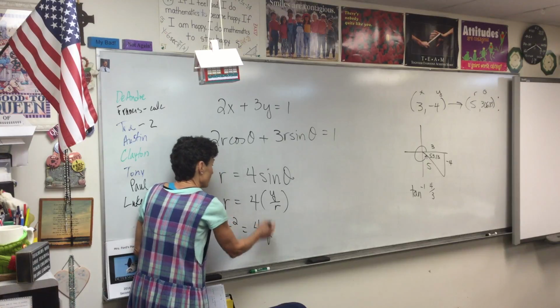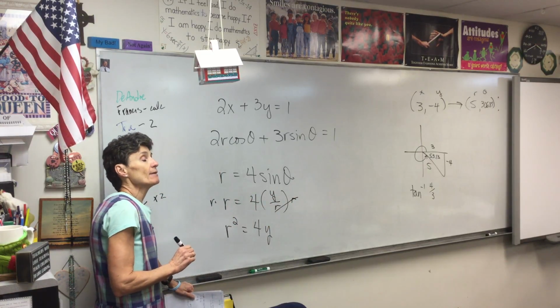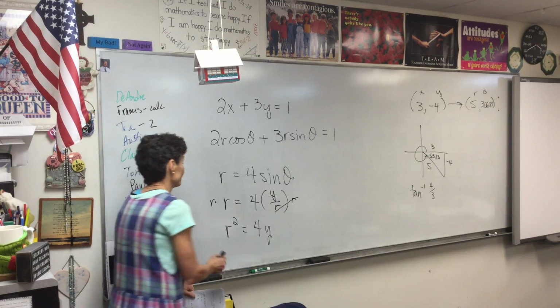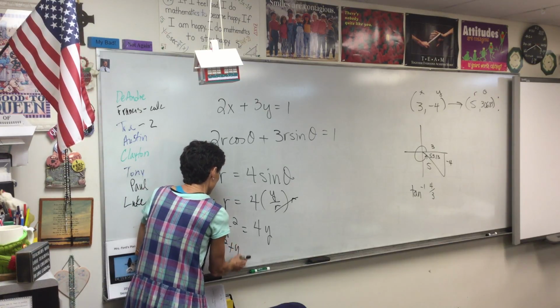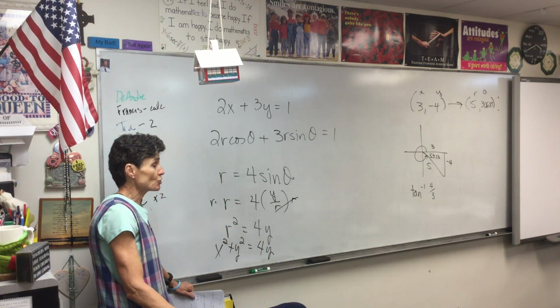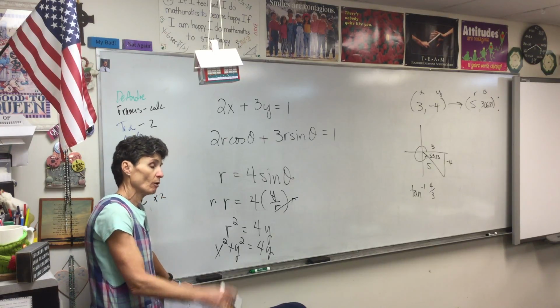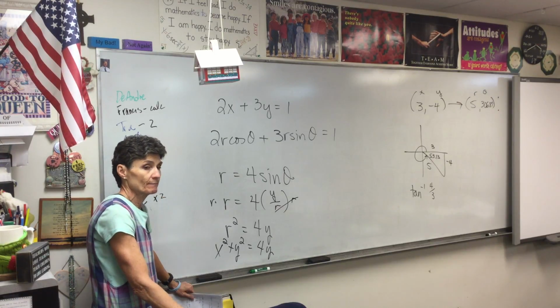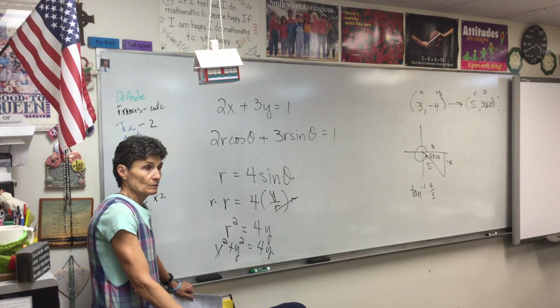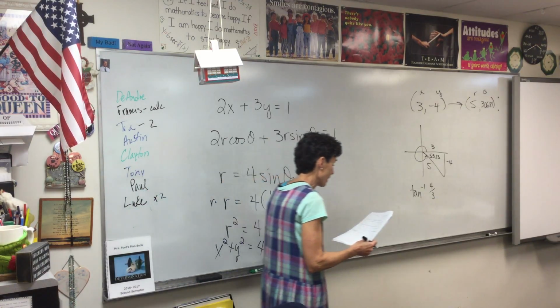So I'm going to multiply both sides by r. And then what's r squared? X squared plus y squared. Now, if this looks strange to you or you don't remember one bit, go back and look at your notes. We did a whole bunch of problems just like that. That's why we're reviewing, to kind of shake some of the cobwebs out.